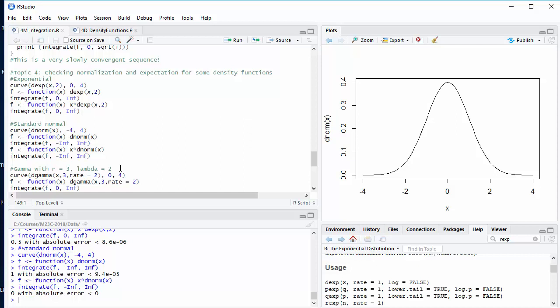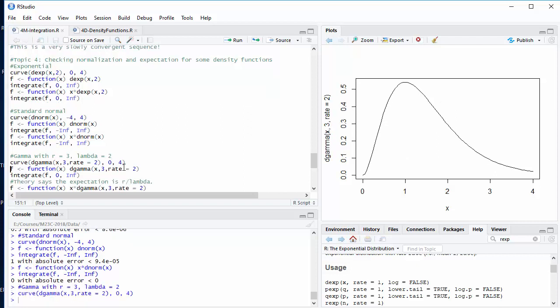Let's do one last one. A gamma distribution with a shape parameter of 3, no, a scale parameter of 3, I guess that's called, and a rate parameter of 2. So this is the gamma distribution where the density function behaves like x to the 3 minus 1 near the origin and falls off like e to the minus 2x.